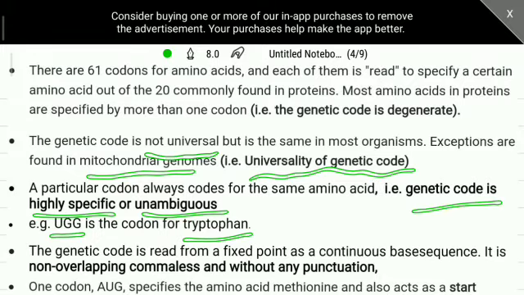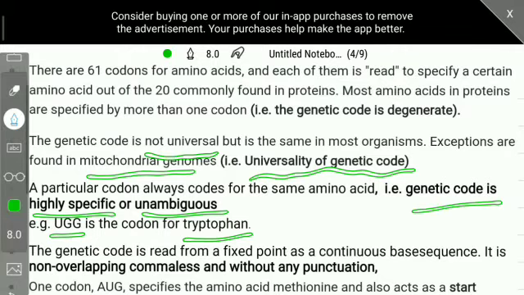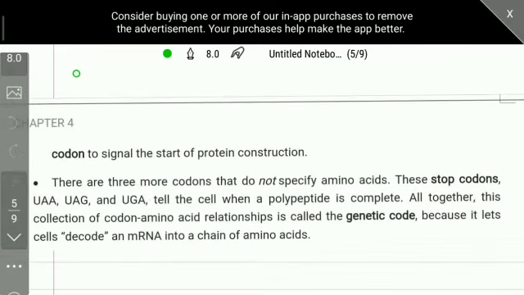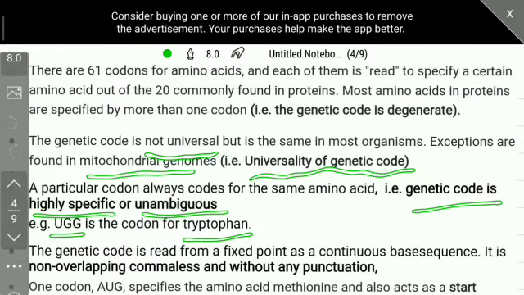It doesn't code for any other amino acid. In the genetic code picture, phenylalanine has two codons, UUU and UUC, and these two codons always code for phenylalanine, not any other amino acid. That is what makes the genetic code highly specific and unambiguous. There is no doubt in it.